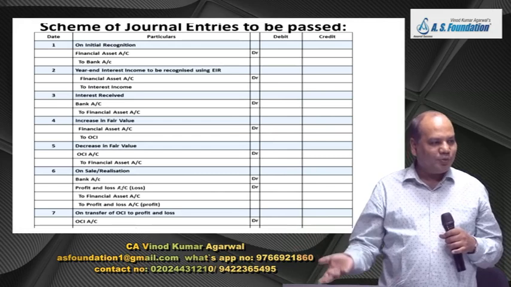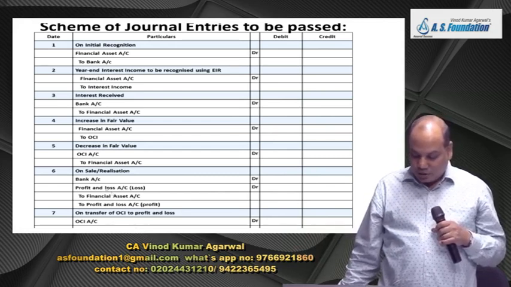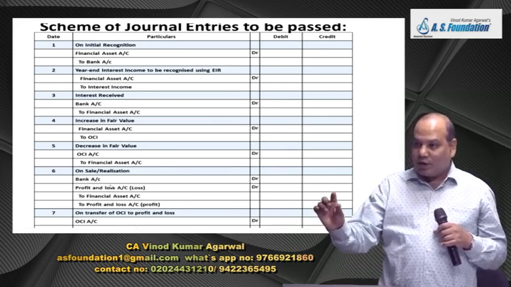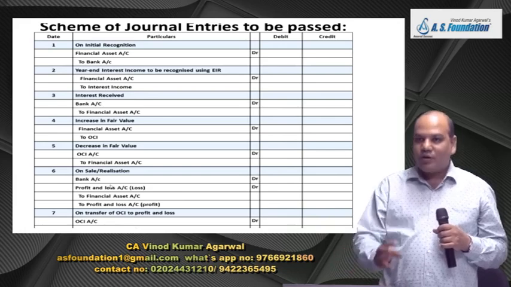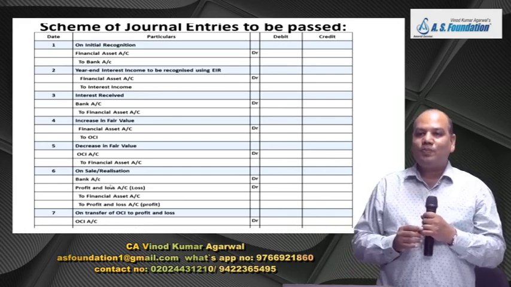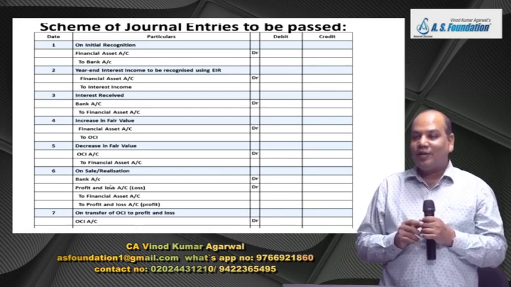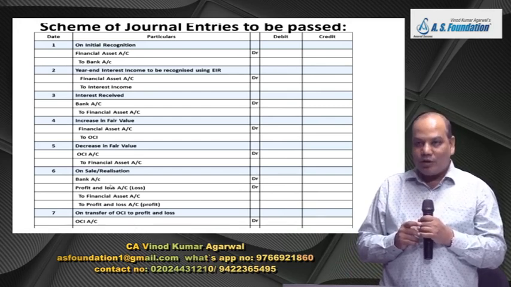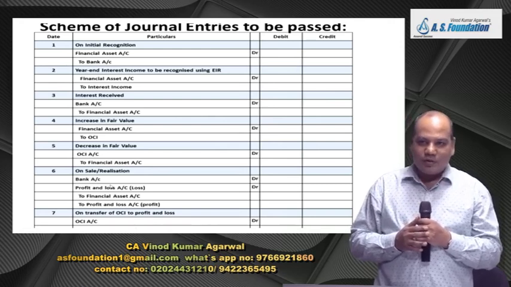OCI to P&L account you have to transfer again in debt instrument. In case of debt instrument classified as OCI, we transfer the balance to P&L account. In case of equity instrument classified as FVT OCI, we do not transfer to P&L account. Is it right?